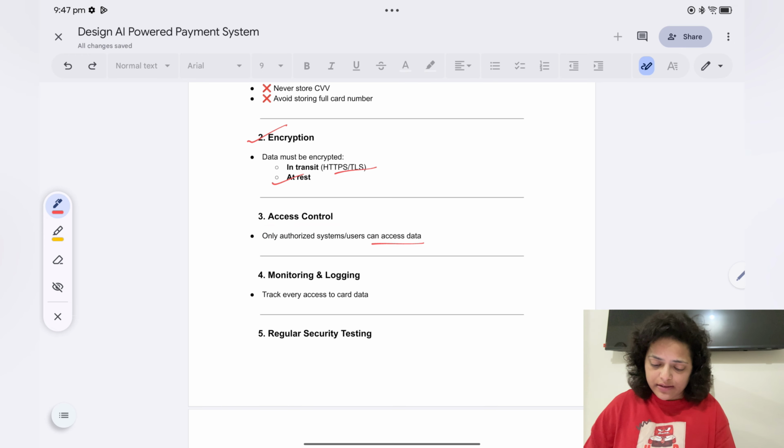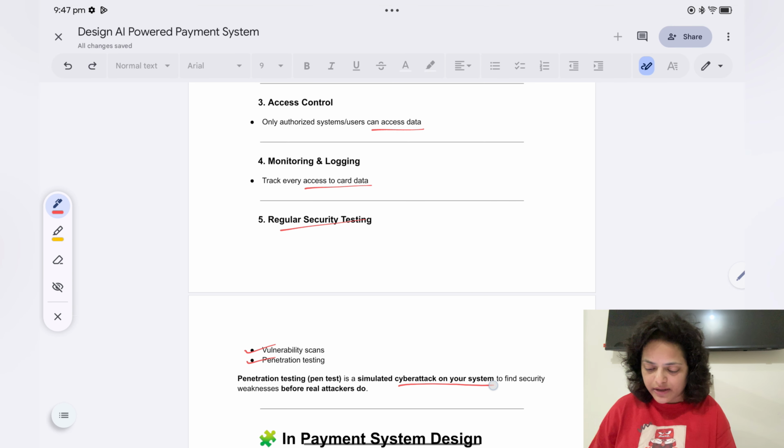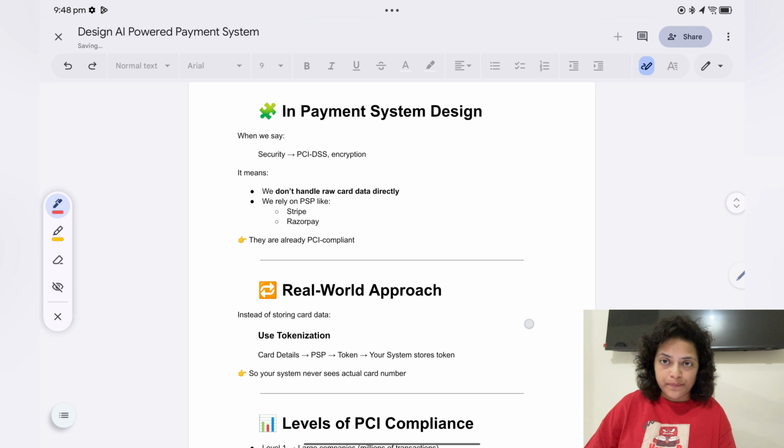After that, monitoring and logging: track every access to card data, who is accessing it. And regular security testing. Here we will be using vulnerability testing and penetration testing. What is penetration testing? Pen testing is simulated cyber attacks on your system to find security weaknesses before real attackers do.